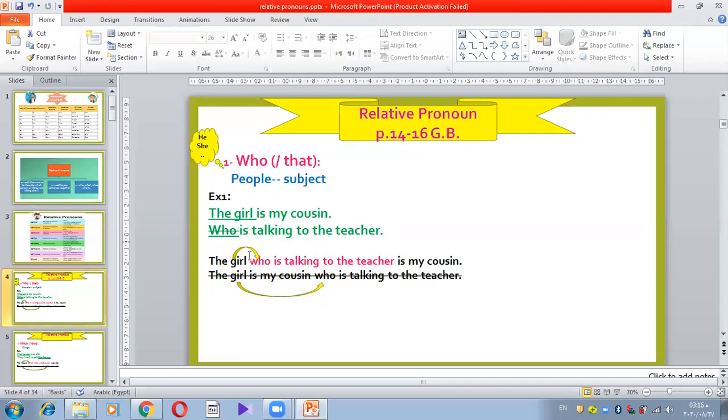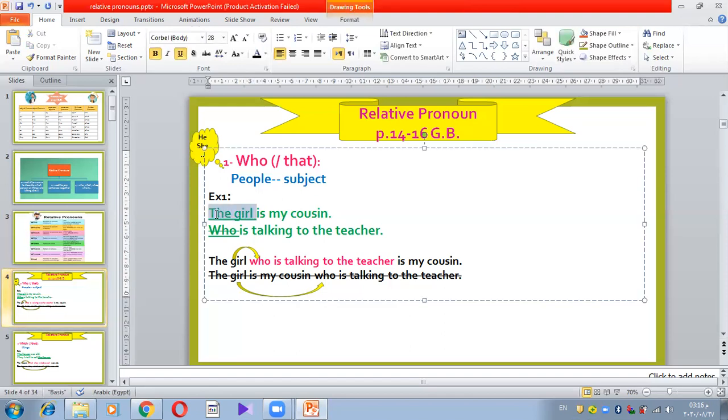Okay? So how can I put it after the girl? We can make it in a simple way. Okay? How can we make it? The girl, that's the subject. And then the rest of the sentence is my cousin. We are going to make a space here between the subject and the verb. Okay?